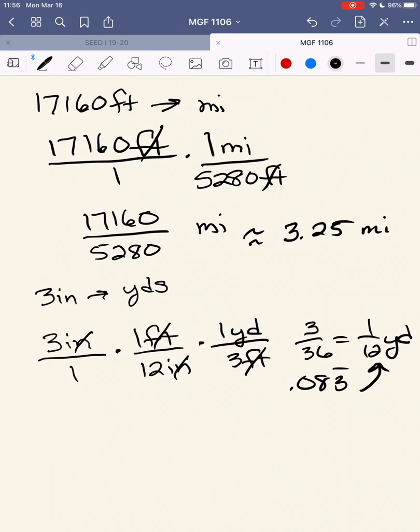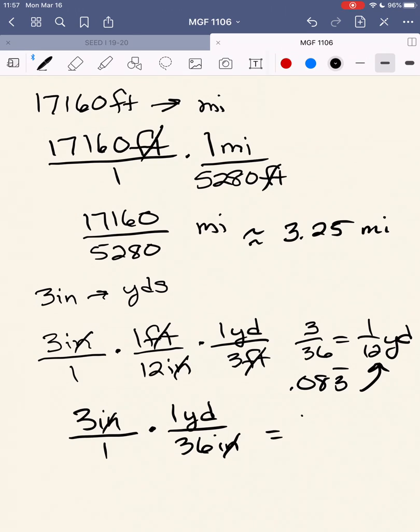Now, if I wanted to take just 2 steps and go straight to yards, I know that 3 inches, put it over 1, and how many inches are in a yard? 36. So 1 yard is equal to 36 inches, and the inches cancel.